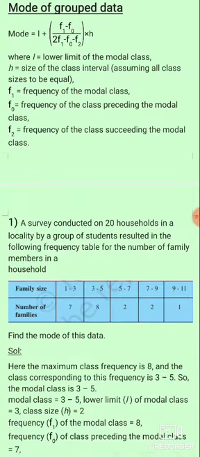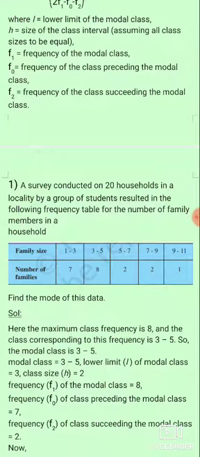Now substitute. When you write that equation, 3 to 5 is the modal class.